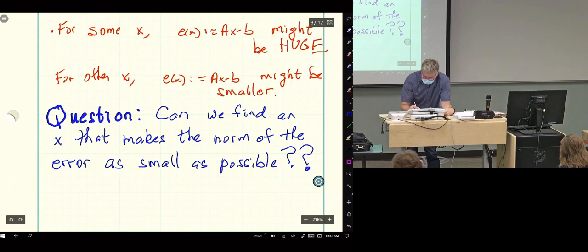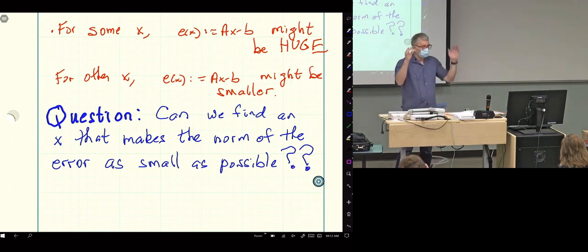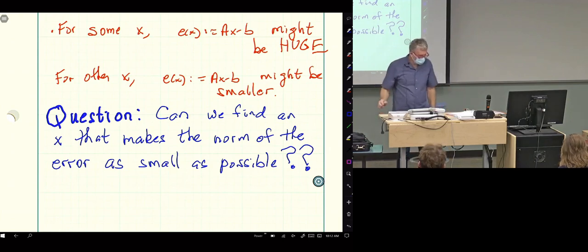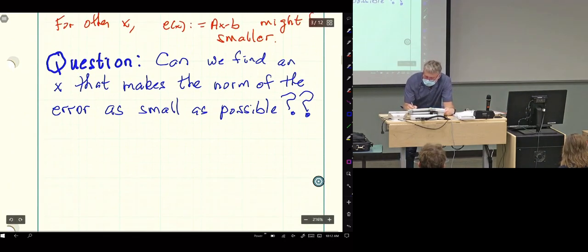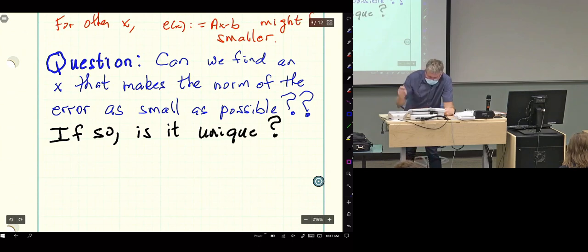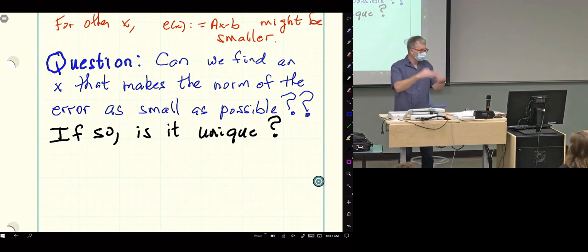Inquiring minds want to know, can I find one that makes the norm of the error, the square root of the sum of the squares of the components of the error, as small as possible? Okay. And if so, is it unique? Or could there be 37 different possibilities, all of them giving us the same error? Okay?